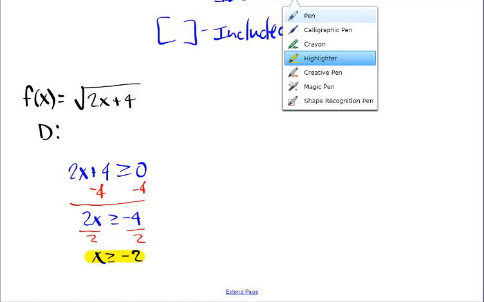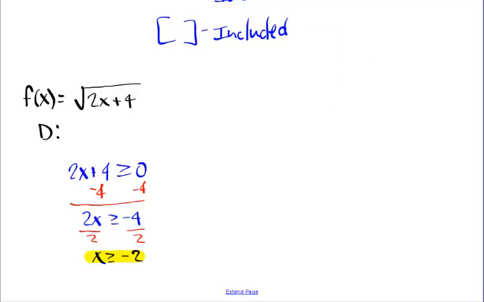So how do I write that in interval notation? Well, the smallest number that I can use is negative 2. And I can take the square root of 0. So I can include the negative 2. And then I go all the way out to infinity.